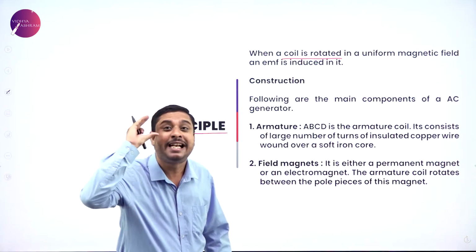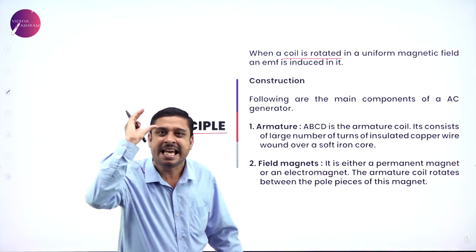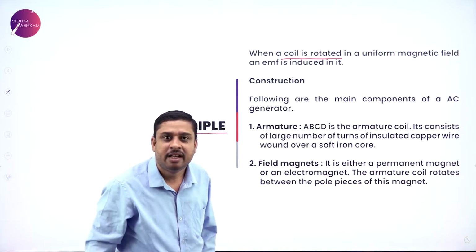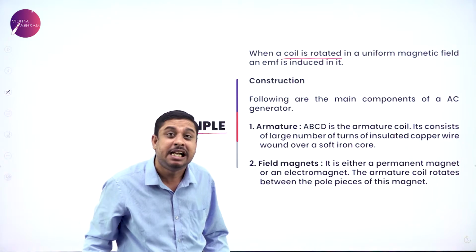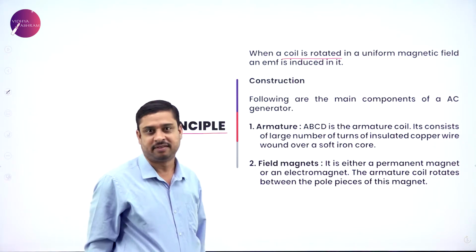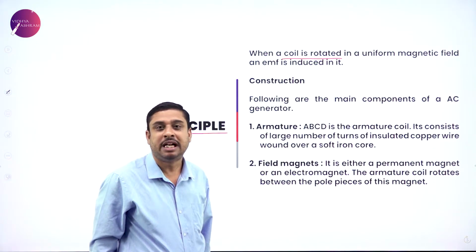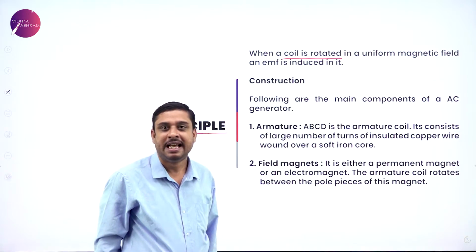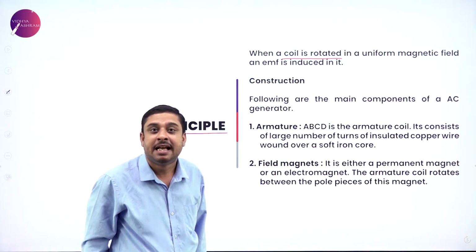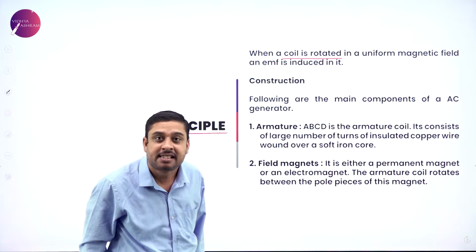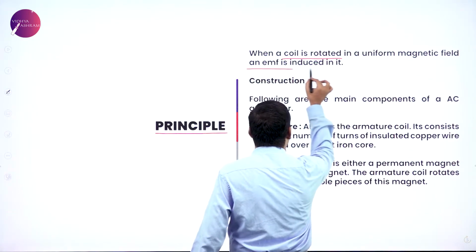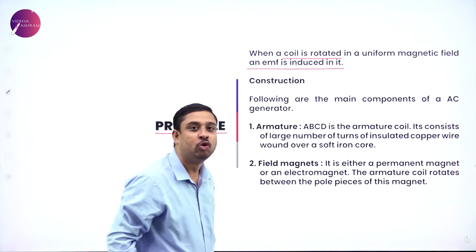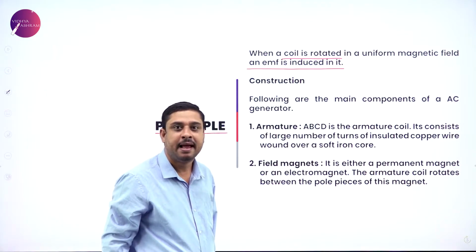You are rotating the coil at high speed in a uniform magnetic field, resulting in what? Torque. What will that torque do? It will change the magnetic flux, and hence an EMF is induced in the coil.